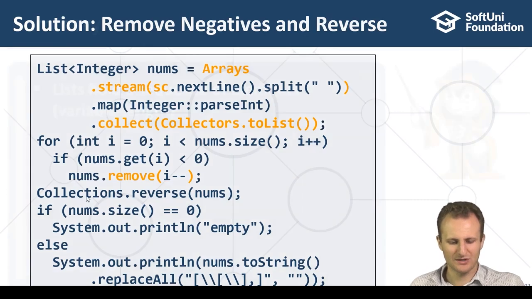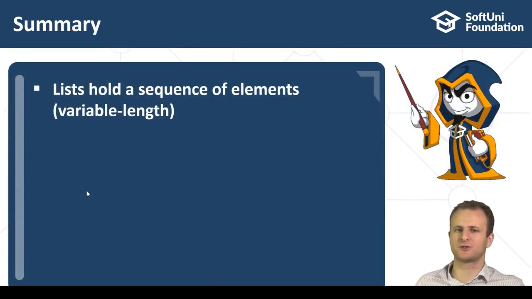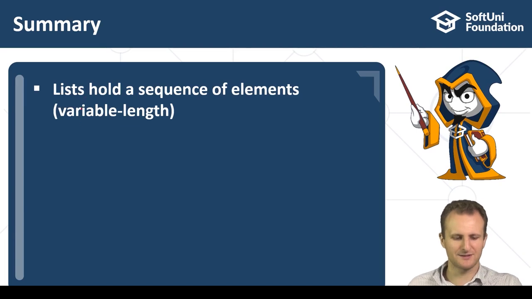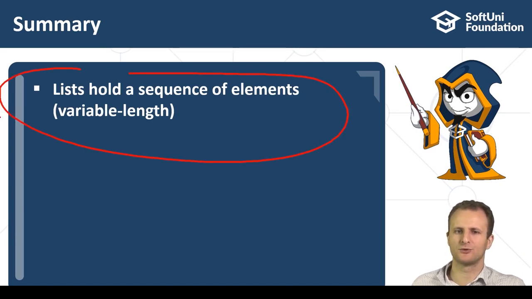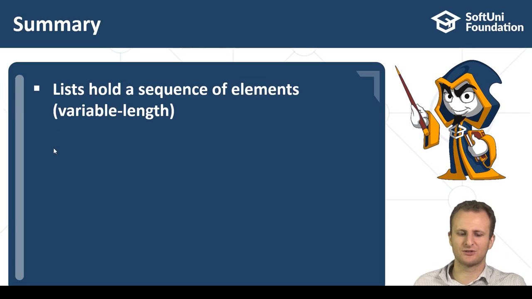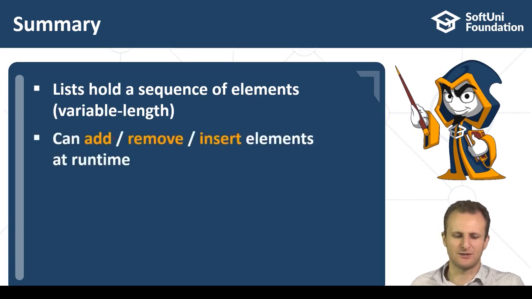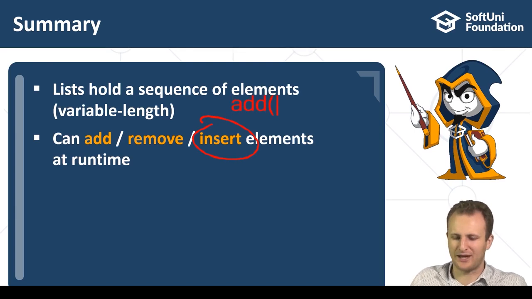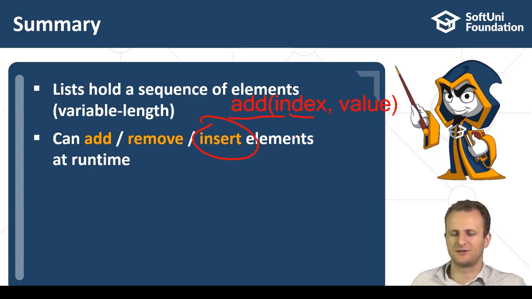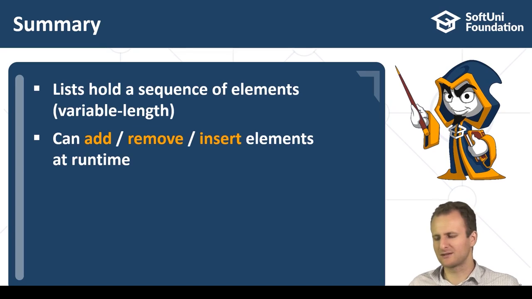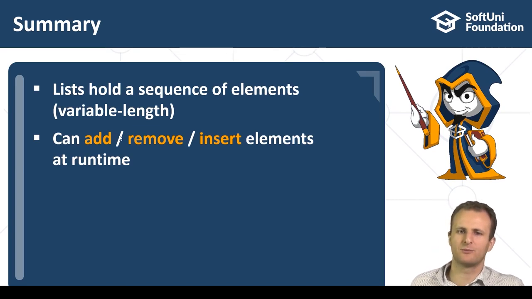Okay, so what we talked about today was that lists are a variation of arrays which hold sequences of elements, but in addition to that can change their size by using add, remove, and insertion, although insertion is called add with the parameters index and value. So inserting is just adding at a certain index. We saw that in one of the examples at the start of the lecture. So lists are basically your go-to collection for most cases.